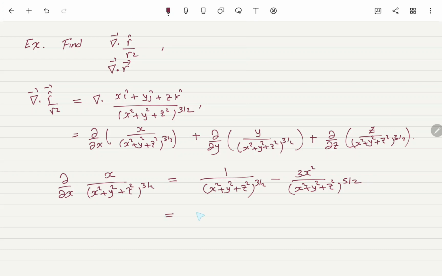And upon simplifying this one here, remember x² + y² + z² here is actually equal to r².